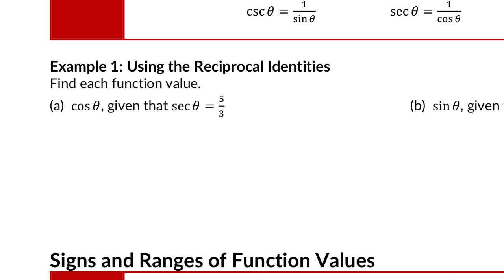Like say, for instance, we're asked to give cosine of theta given that secant of theta is 5/3. Instead of having to go through and figure out x, y, and r from one of the reciprocal values here, from r being 5 and x being 3, we can remember that cosine and secant are reciprocals.